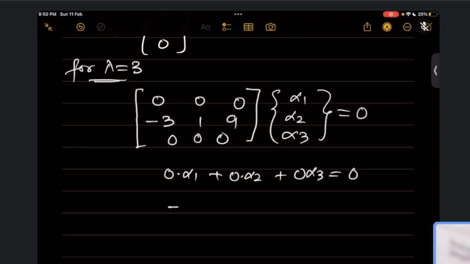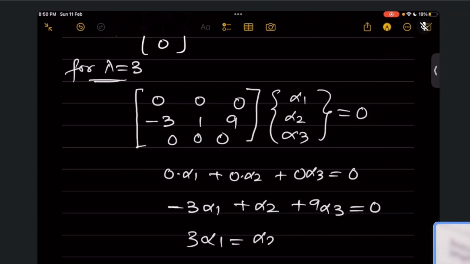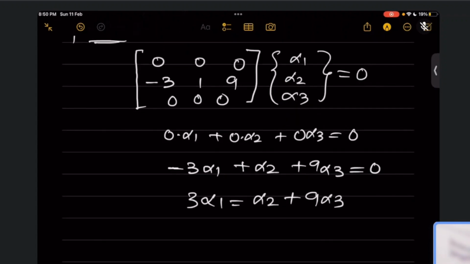But from the second row, minus 3 alpha 1 plus alpha 2 plus 9 alpha 3 is equal to 0. Taking minus 3 alpha 1 to the right side, 3 alpha 1 is equal to alpha 2 plus 9 alpha 3. Then alpha 1 is going to be alpha 2 plus 9 alpha 3 divided by 3. Correct?